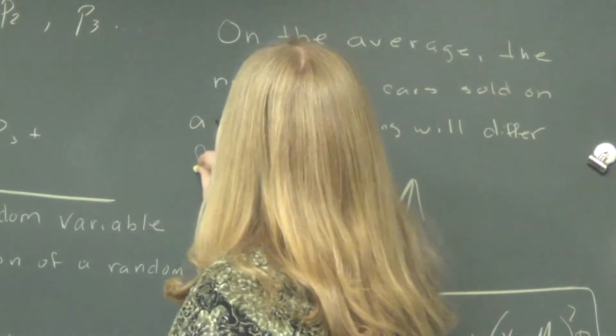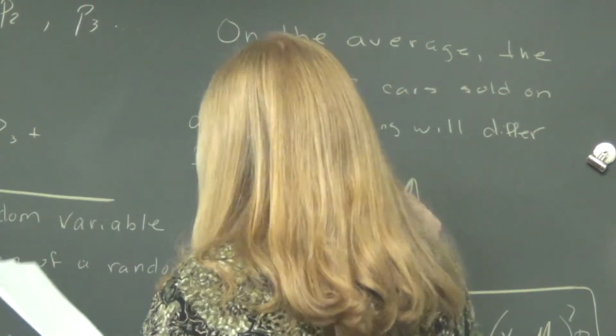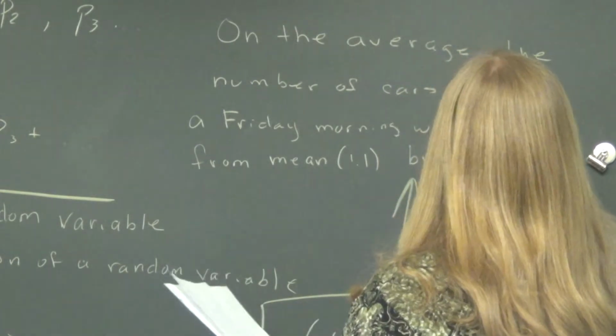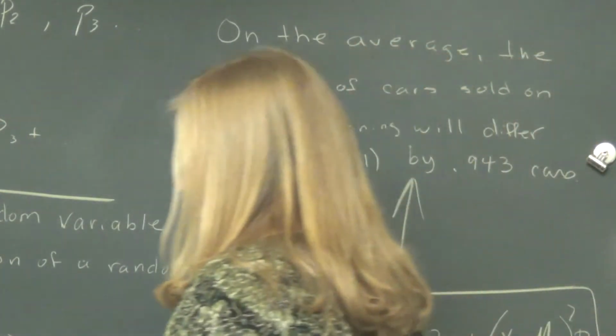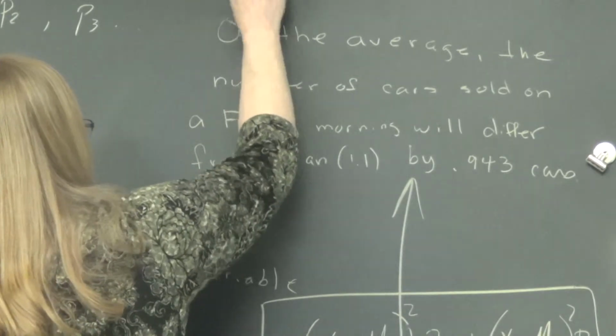Will differ from the mean, which we already know, in this case, I'll put 1.1, by 0.943 cars. All right. Well, I'm not comfortable with these decimal points of a car, but that's what it means statistically, so I apologize. I'll give you a pause to write that down in context, so when you're asked to do it, you can look back at that as a good example. The standard deviation, this is standard deviation.